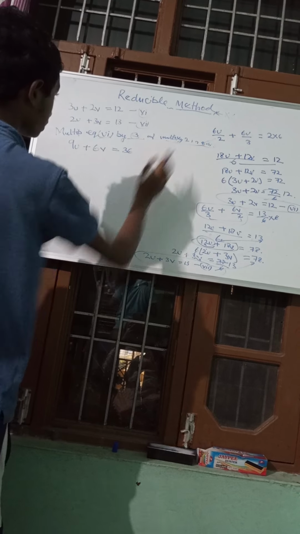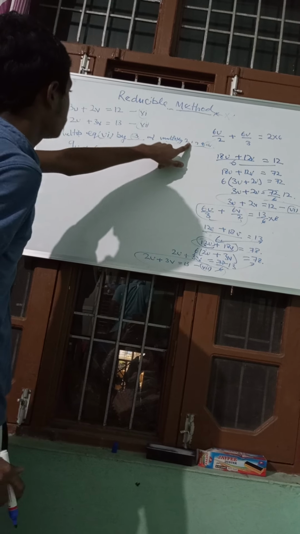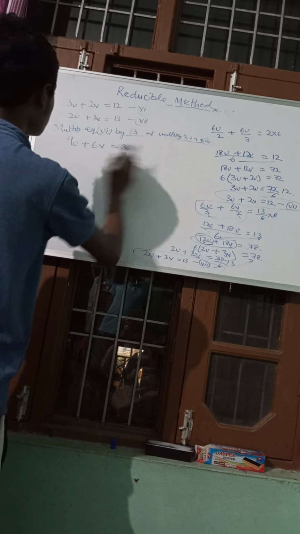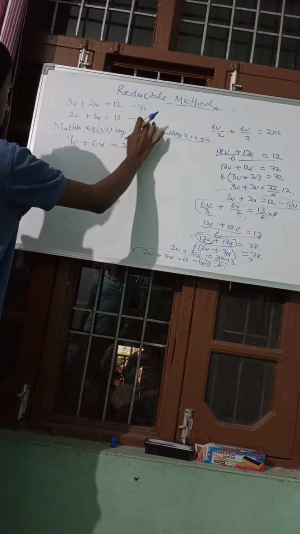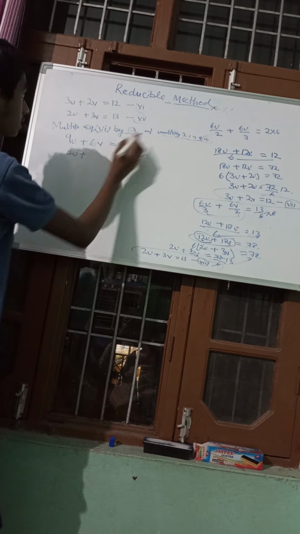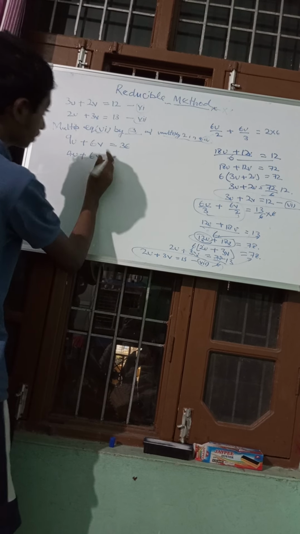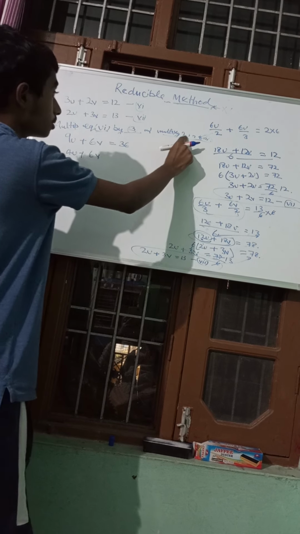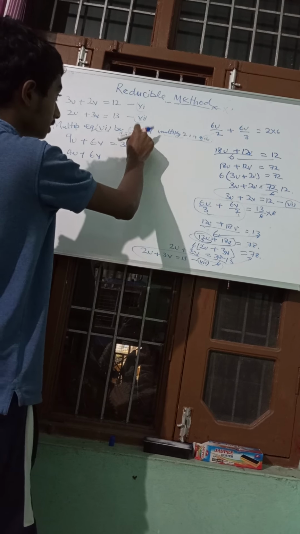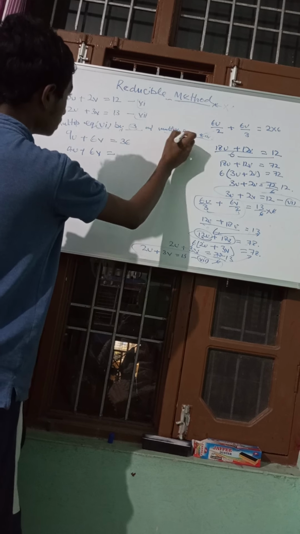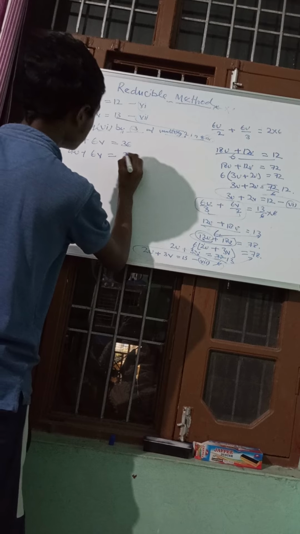In the seventh equation, we multiply by 2: 2 twos are 4u plus 2 threes are 6v. You can see that the v coefficients are equal. That's why we have multiplied the sixth equation by 3 and the seventh equation by 2, and we also multiply the right side, so it will be 26.